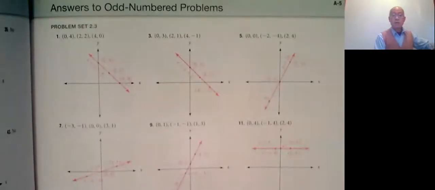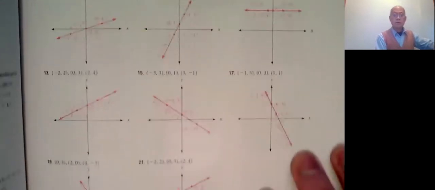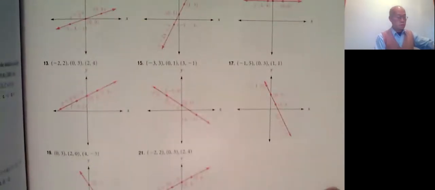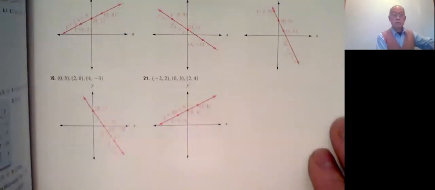Okay, now the answers in the back of the book are going to be tougher because they're graphs. So I have to break this up into some pieces here. Okay, so 2.3. So there are some of the inputs. Go like that. So there's some of the answers. More. And more.